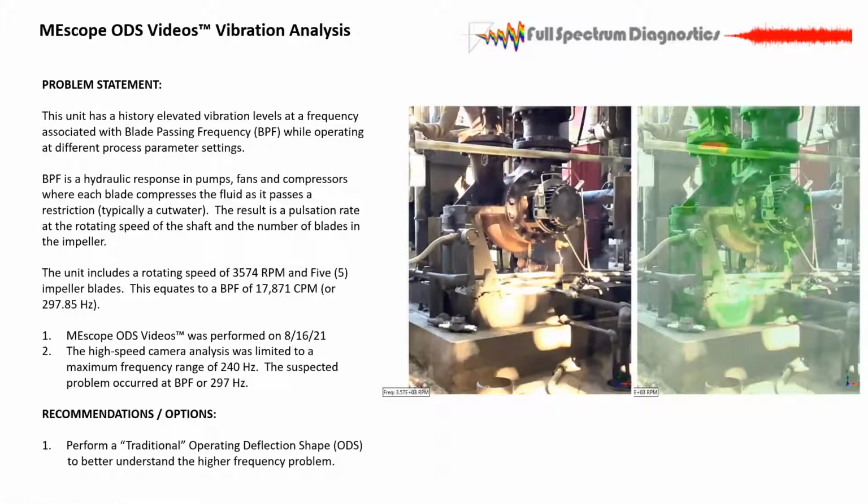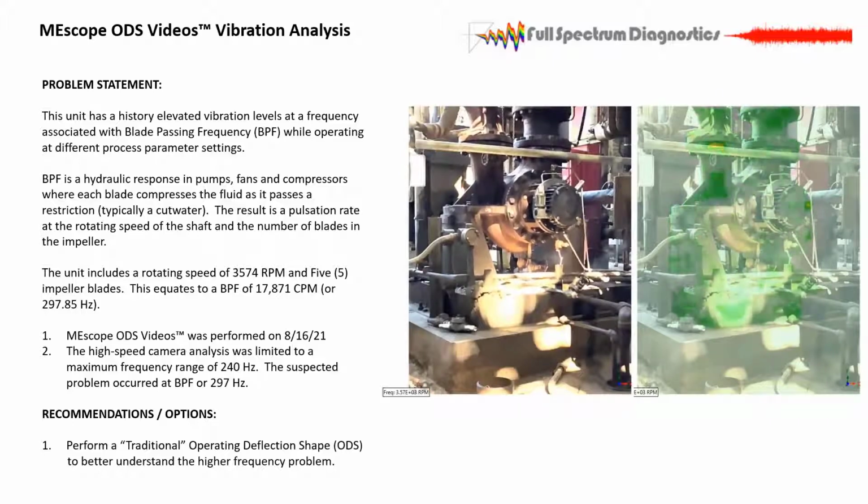I came into this refinery with my cell phone, didn't have my high-speed camera. For normal purposes, this wouldn't be a problem because I'm looking at turning speed of the shaft, which is about 3,600, I believe. But the problem was at blade pass frequency, which was 5 times higher than that, which was above my F max on my cell phone.